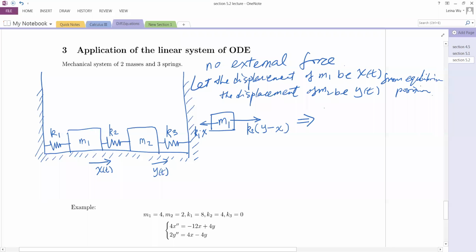Therefore, we should have total force, which is ma, equal to K2 times (y minus x), the force to the right, minus K1 x.